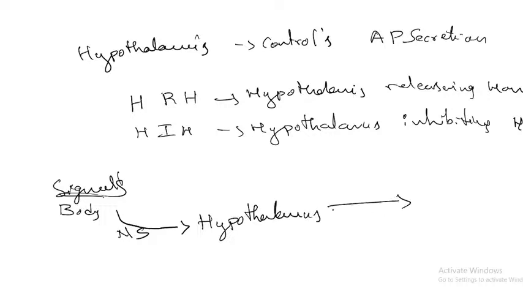Here there are two hormones, the hypothalamus releasing hormone and the hypothalamus inhibiting hormone, which control the anterior pituitary secretion.